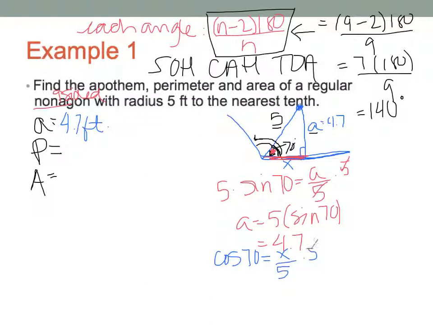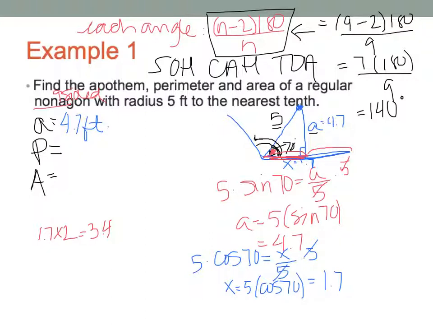Multiply both sides by 5, and I'm going to have x equals 5 times the cosine of 70. And if you plug that in, you should get 1.7. So x here is 1.7. Now remember, it's half of my side. So I'm going to multiply it by 2 to get my full side. 1.7 times 2, and that answer is going to be 3.4.